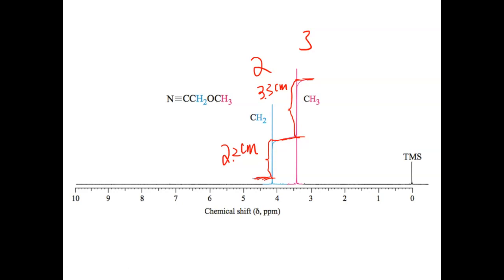The area of the peak that is the result of blue protons absorbing electromagnetic radiation will be a little smaller than the area of the peak that is the result of red protons absorbing the light, because you have three red protons and only two blue protons.